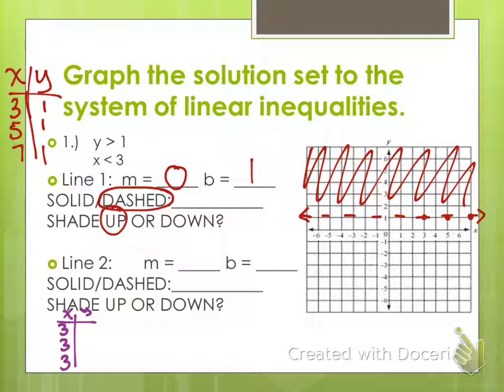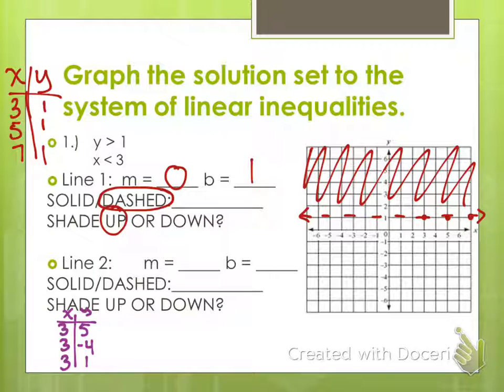What about for y? Natalie? 5. Sure, we could use 5. What else? -4. We need one more. 1. All right, so we have to graph those points. 3, 5. So we go over 3 on the x-axis, up 5.